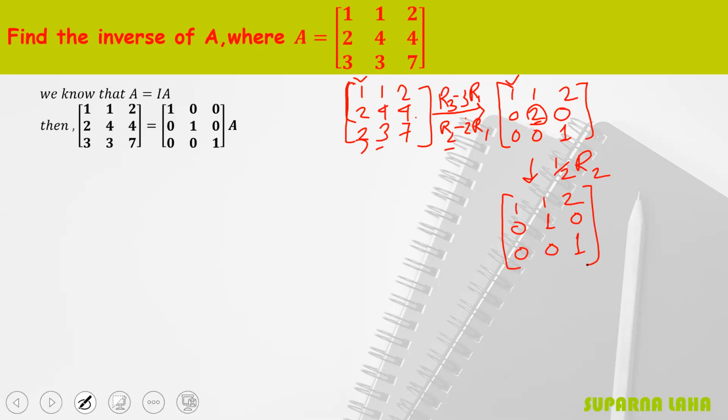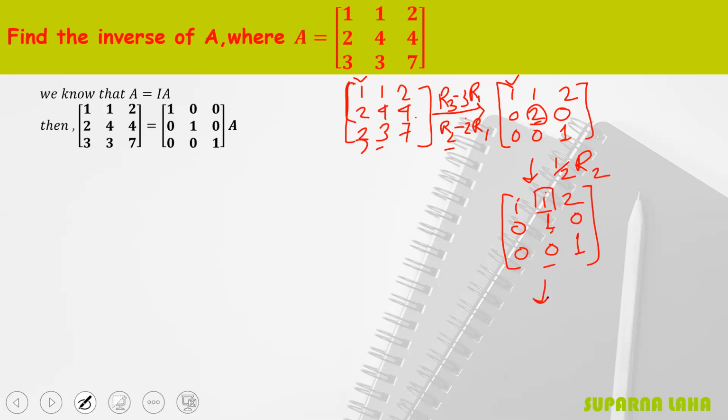Now half of the work is done. Leading element 1, others are 0. Leading element 1, this one 0. We have to make this element 0. That is this element. Okay. So make it 0. That is 1 minus 1, that is R1 minus R2.